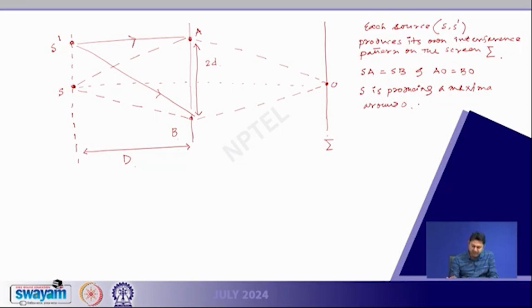So the intensity at O due to S prime will depend on the path difference.